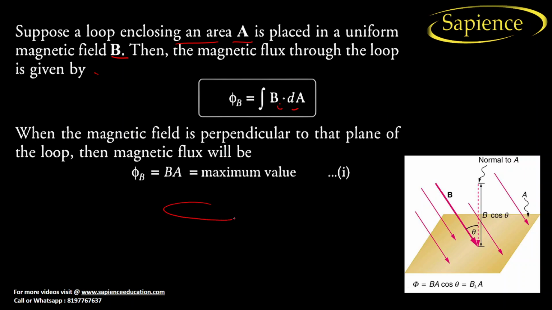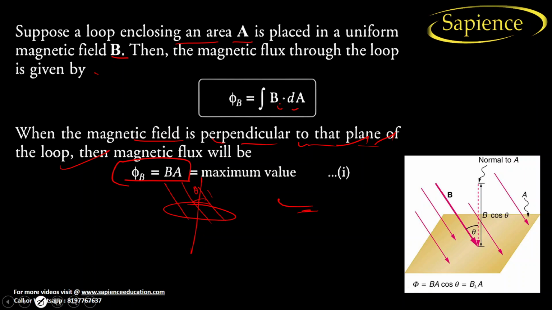So let us consider any loop making an angle theta. When the magnetic field is perpendicular to the plane of the loop, the magnetic flux will be given as BA.